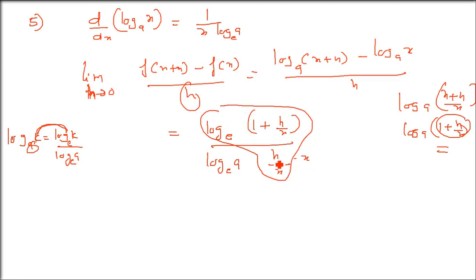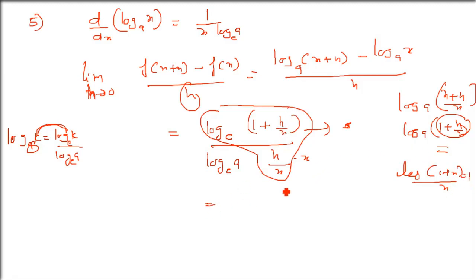So log(1 plus h by x) by h by x, if you remember, is going to be 1. Log(1 plus x) by x, limit x tends to 0, was 1. What is in the denominator?